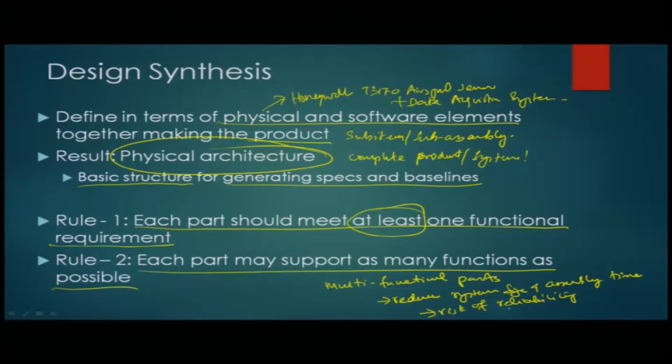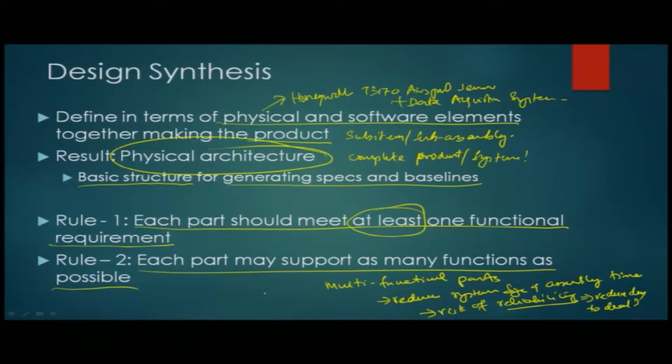If the multifunctional part fails, then multiple functions of the product might not work. So this is where you do the trade-off. Do I use this part, or do I provide redundancy to deal with it? Maybe you provide two of those parts, so that if one fails, there is another to take over. So this redundancy analysis also comes out as part of this kind of trade-off, multifunction parts and functional analysis.